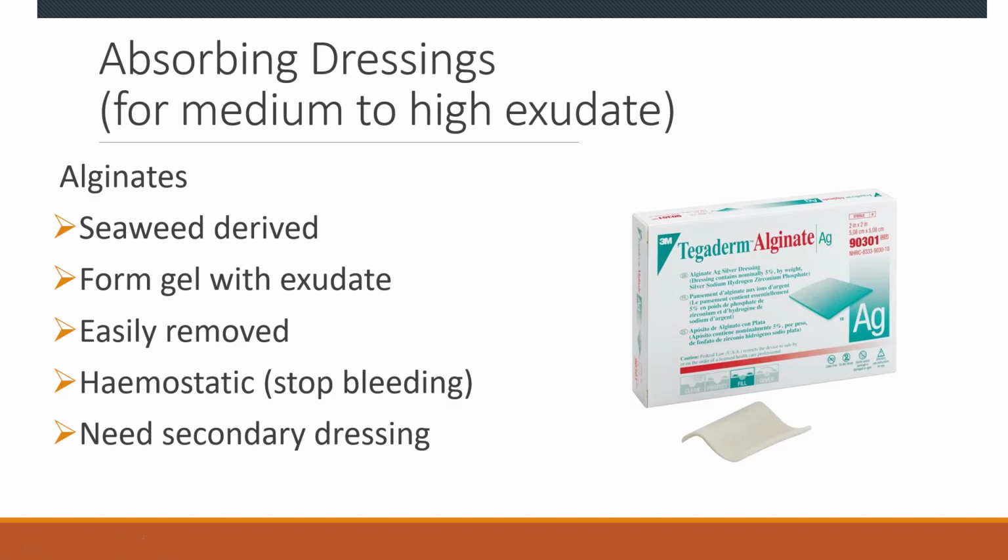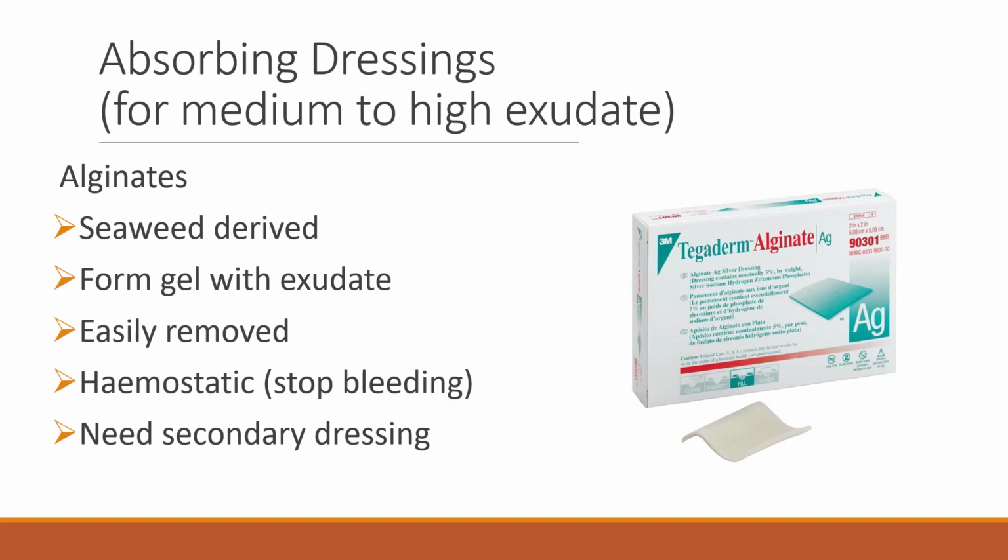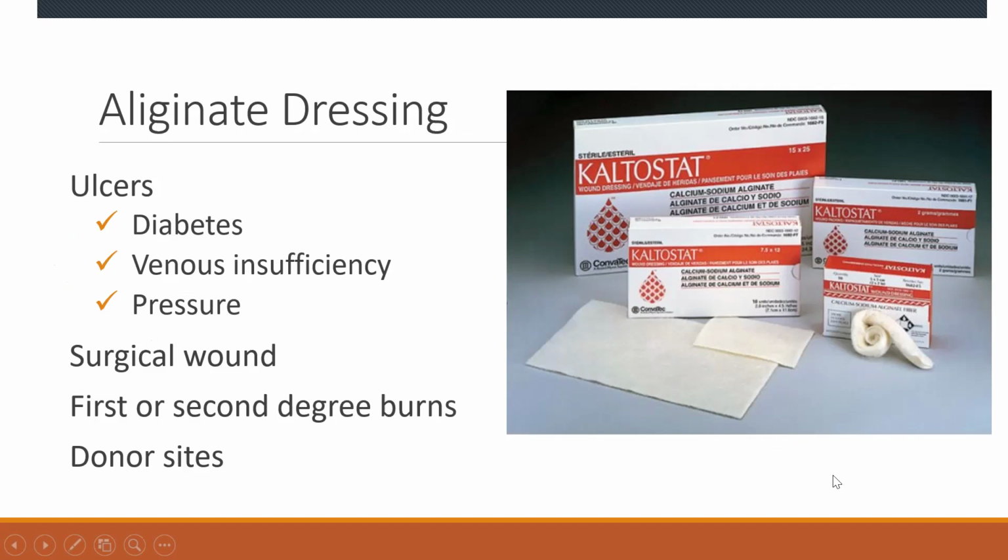所以这个是属于 alginate，就是从这个海草藻类去提炼出来的，所以它有止血的作用，而且它可以很快的去移除。但是使用这个 dressing 的话，你需要在外面再贴上一个第二层的这个敷料。Okay, alginate dressing is normally used for ulcers.